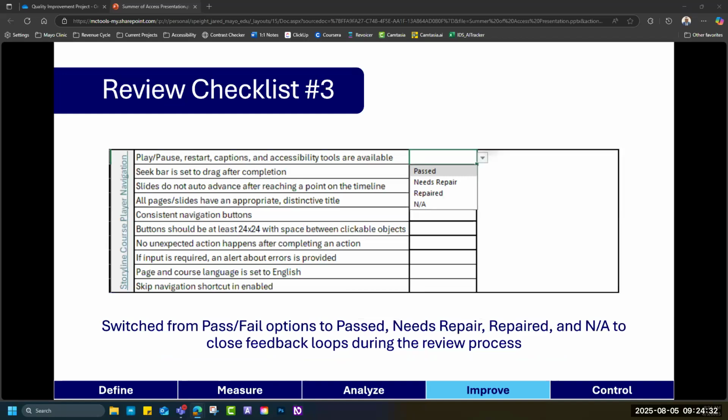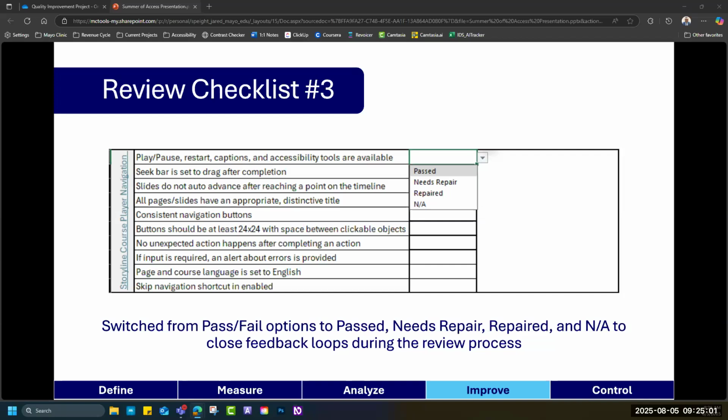So then we went to our third revision, and instead of just having a pass-fail option, we thought, well, it'd be nice to be able to track if it passed, if it needs repair, and if we need to repair it, then was it repaired? And then NA, like maybe that one just wasn't present in the course. And what was great about that, I think, was as maybe I reviewed Jared's and marked something as needs repair, and I was like, I'm not sure how he's going to repair this, but it needs to be repaired, right?